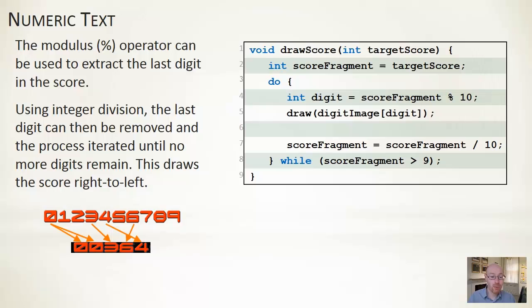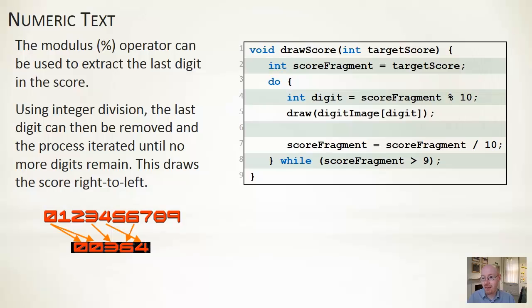To do this, we're going to rely upon the properties of integer arithmetic, looking at the modulus and the divide operators. So in line 4, we're taking the modulus of the fragment with a value of 10, and effectively that strips off the rightmost digit, and we then draw that digit out. A small caveat is that whilst we would normally write the digits from left to right, here we are drawing it the other way around, from right to left.